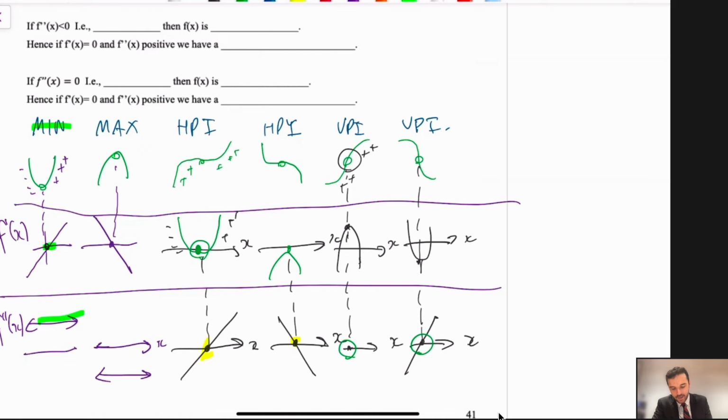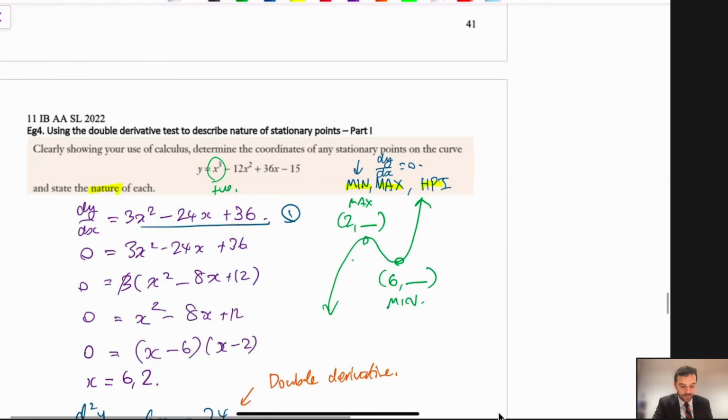For a max, the gradient f dash x is going to be 0 at that turning point, but then the double diff is going to be negative. Now, a horizontal point of inflection, we can see there, the double diff is going to be 0, okay? And same for vertical points of inflection as well, okay? So we're probably going to be finding an inflection point, okay?